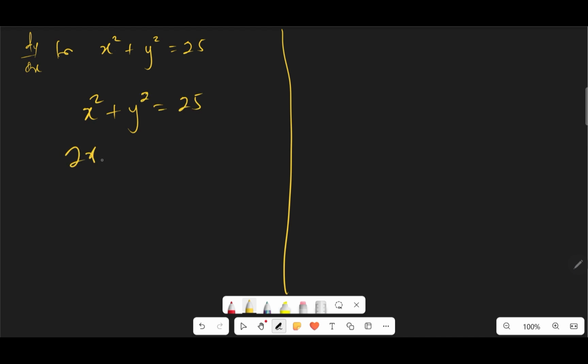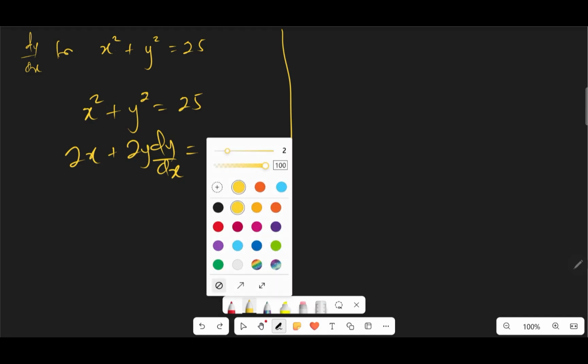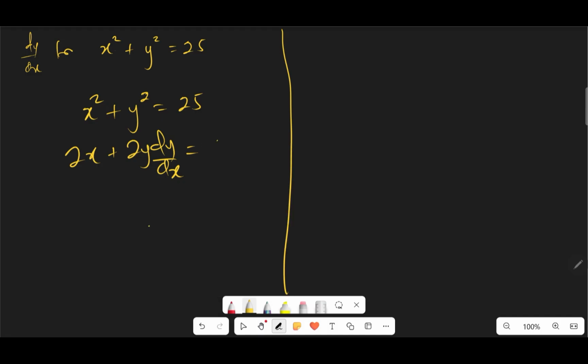Then I'm going to get 2x plus 2y, but I'll add dy/dx, equal to 0. So x squared gave us 2x, then y squared gave us 2y, then we added our dy/dx to it. Then differentiation of 25 will give me 0.